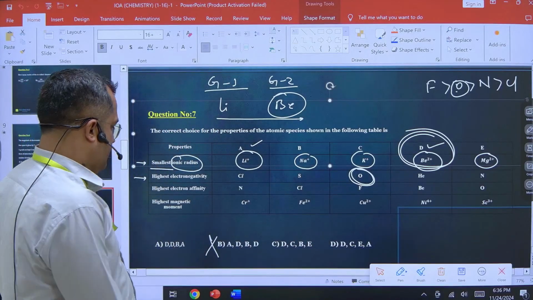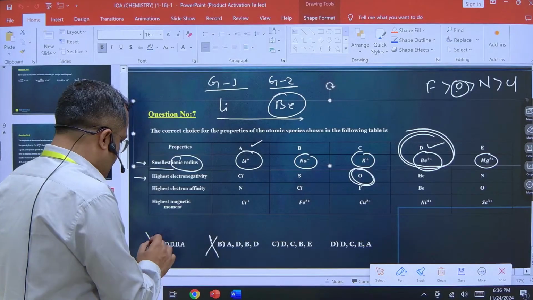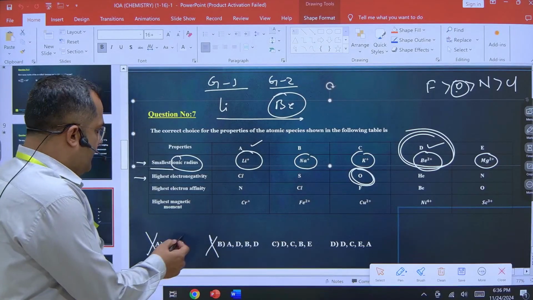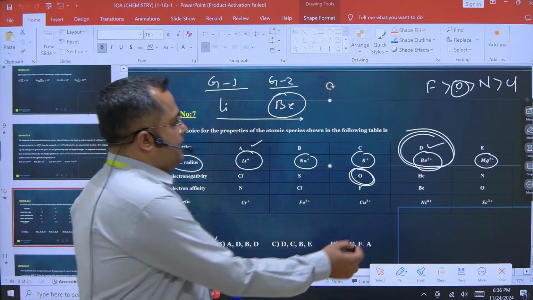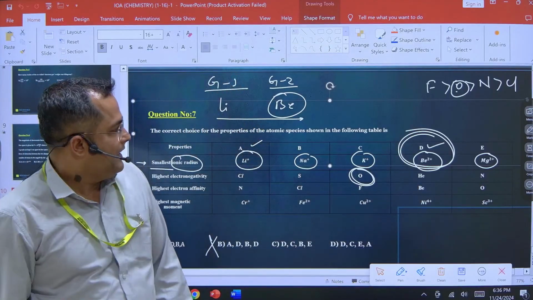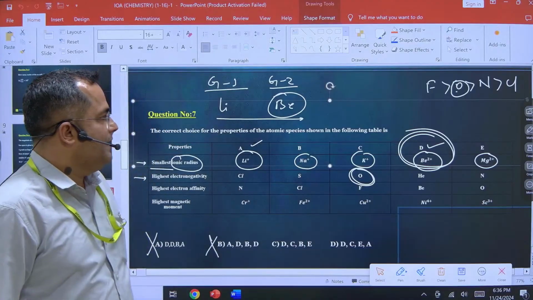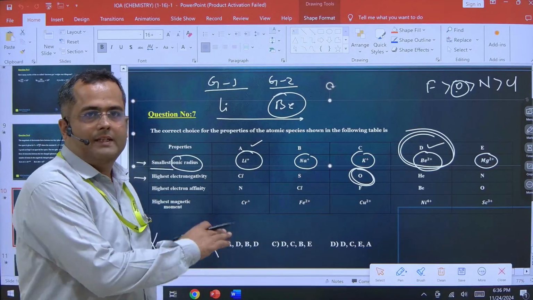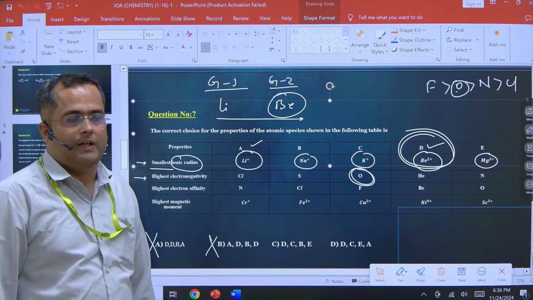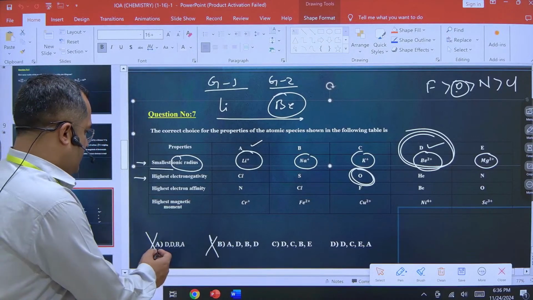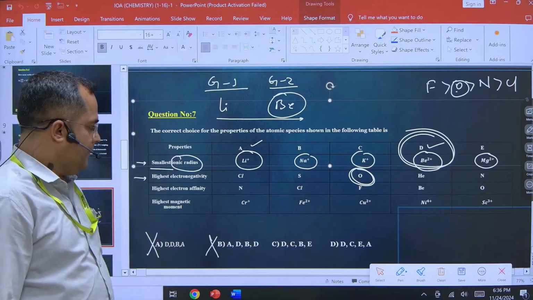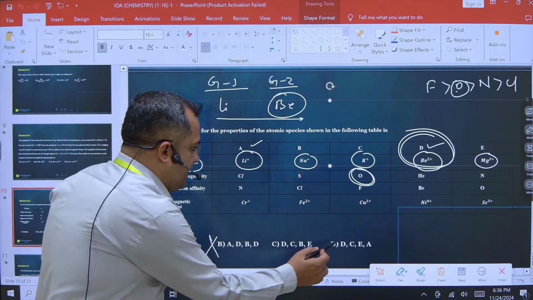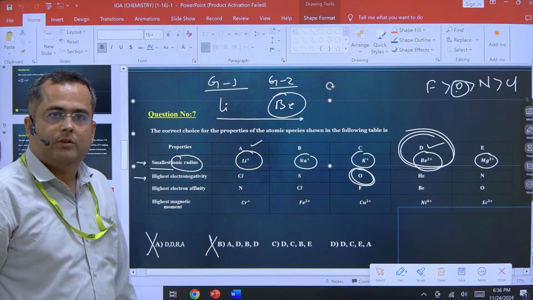After D, C is there. Now we can eliminate option A also. For A and B we can eliminate. So C and D are correct, because after D, C is there, and in option D, C is also there.